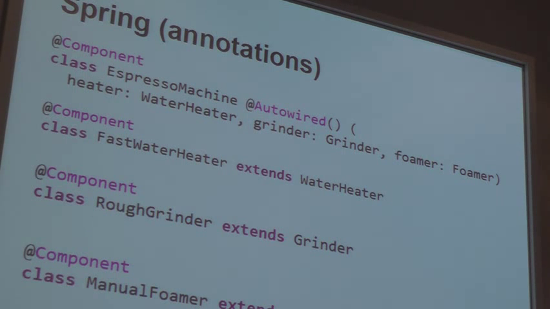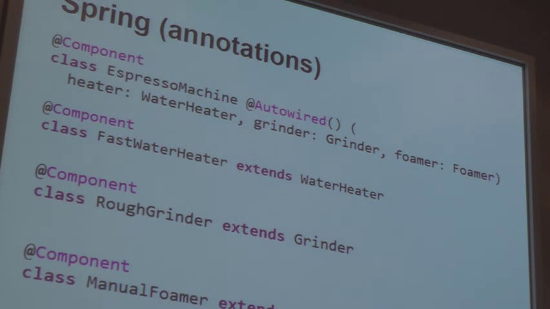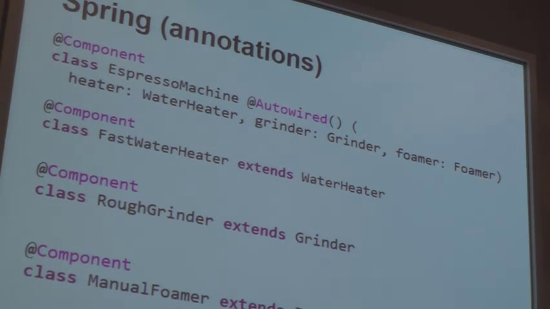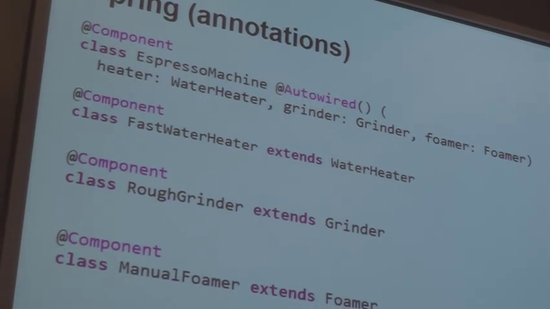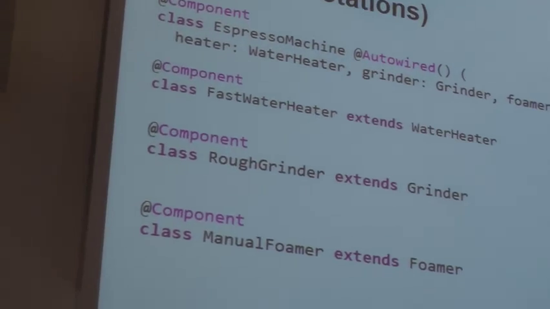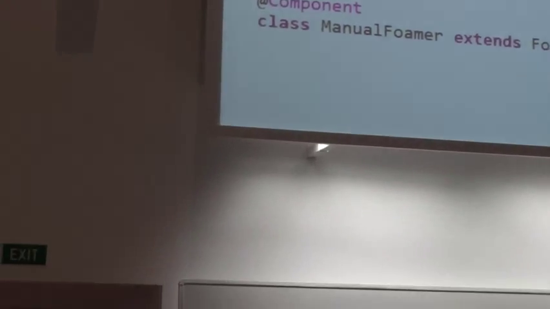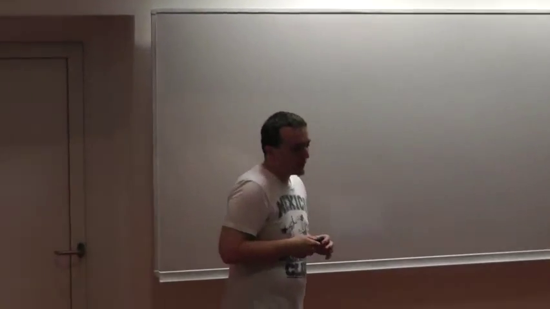You put the component annotations on the classes, and you put the autowired annotation on the injection point, the place you want Spring to inject the dependencies in. Here we can see we're using a constructor-based approach, because it's natural to use this in Scala. We'll see another example later.